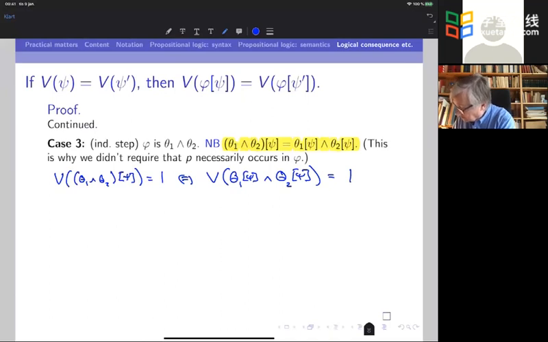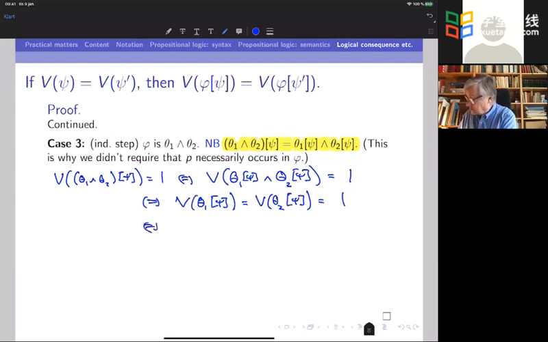But this is a conjunction, so I use the truth definition. When is a conjunction true? Well, if both the conjuncts are true, so I can write it like this: v of theta 1 square brackets psi is equal to v of theta 2 square brackets psi is equal to 1.